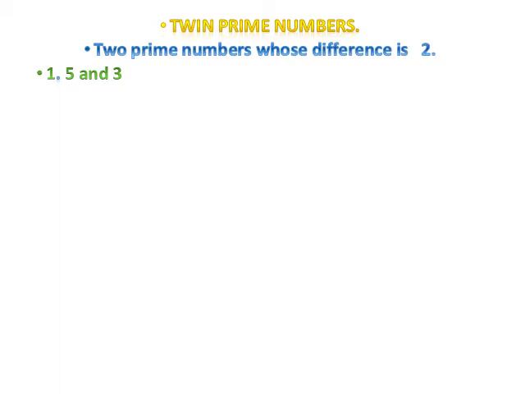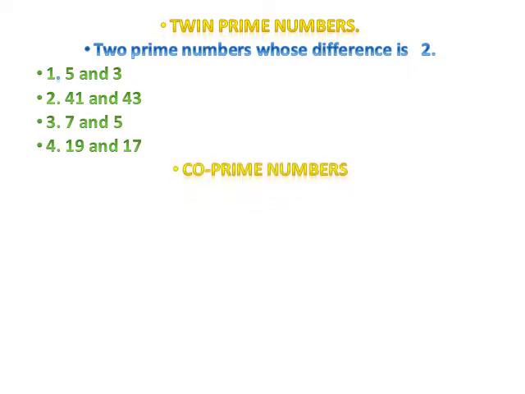So they are twin prime numbers. 41 and 43 are also prime numbers and the difference is 2. 7 and 5 are prime numbers, their difference is 2. 19 and 17 are also prime numbers and their difference is 2. You can find many more, my dear students. Prime numbers whose difference is 2 are called twin prime numbers.